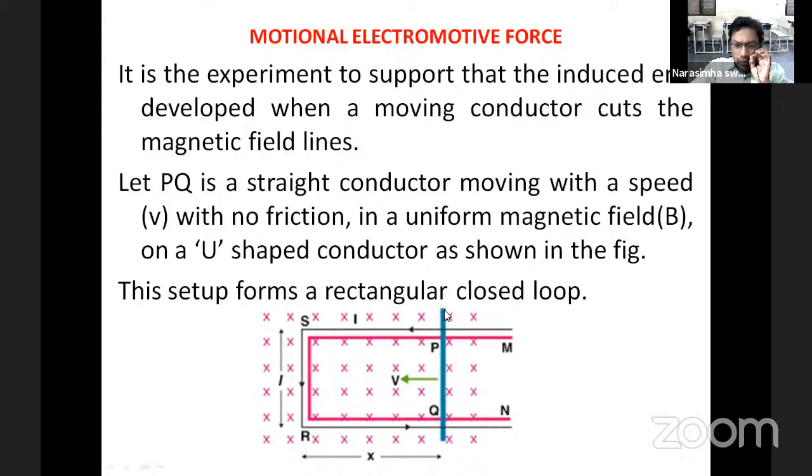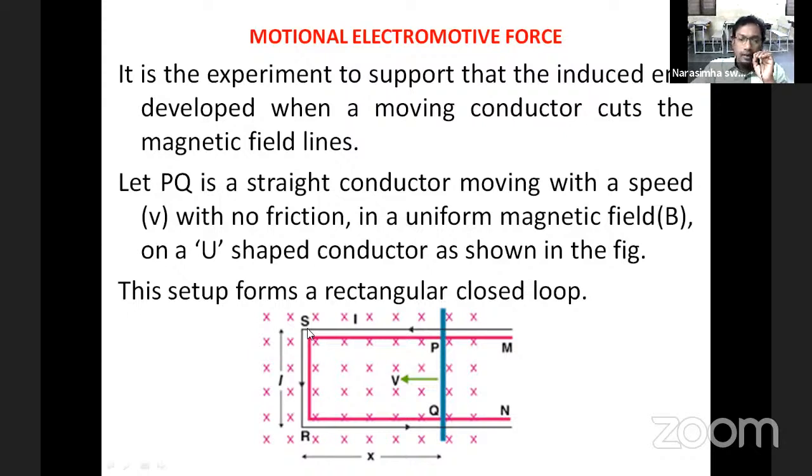When this PQ rod is kept here, it is movable on either side. Now, with this PQ rod, the whole frame looks like a rectangle. Have you observed? This rectangle will become PSRQ.